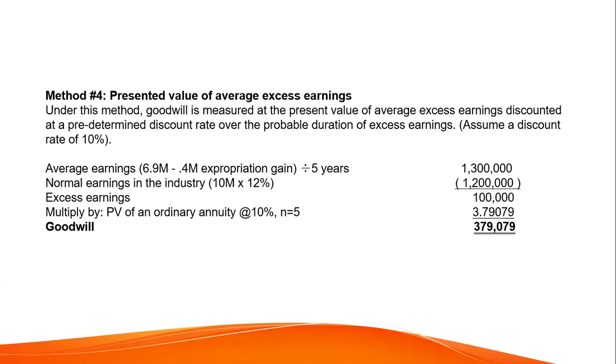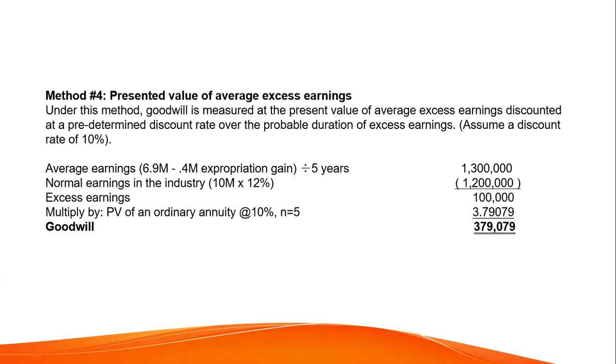So we now get 1.2 million, giving us the excess earnings equal to 100,000. So the normal earnings rate in the industry as given in the problem is 12%. Okay. However, the discount rate to be used is 10%. Now we multiply the excess earnings of 100,000 by the present value of an ordinary annuity at 10%.